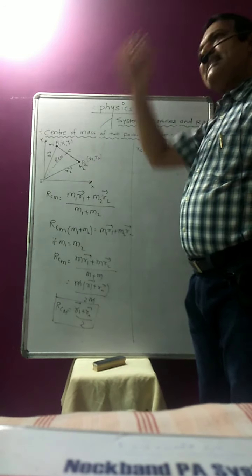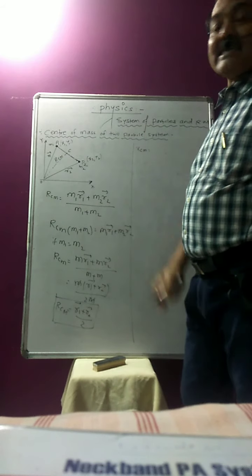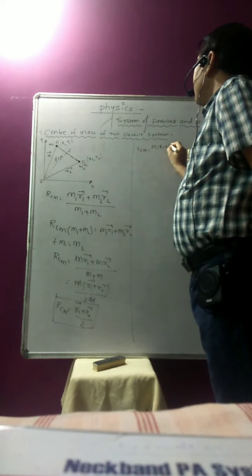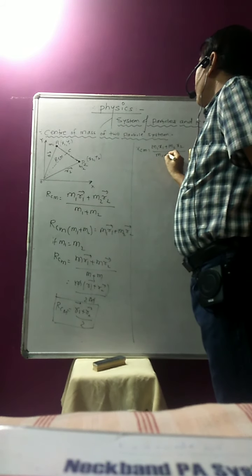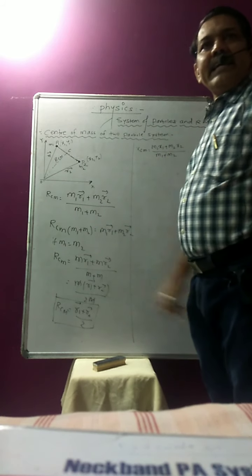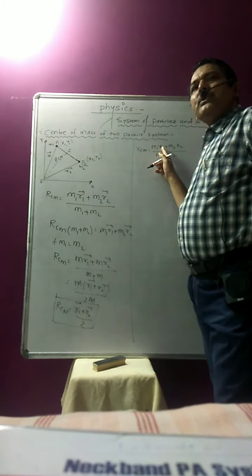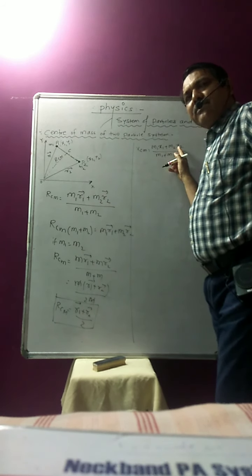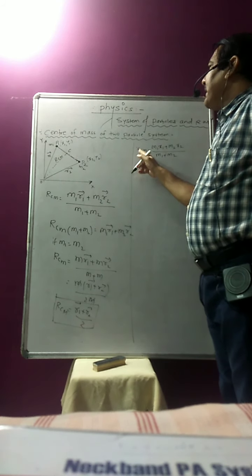So along the x-axis, the coordinate of the center of mass will be m1 into x1 plus m2 into x2 upon m1 plus m2. That means the mass of the first particle into the x coordinate of the first particle, similarly plus the mass of the second particle into the coordinate of the second particle, that is x2, and the total mass of the system. That gives you the x center of mass.